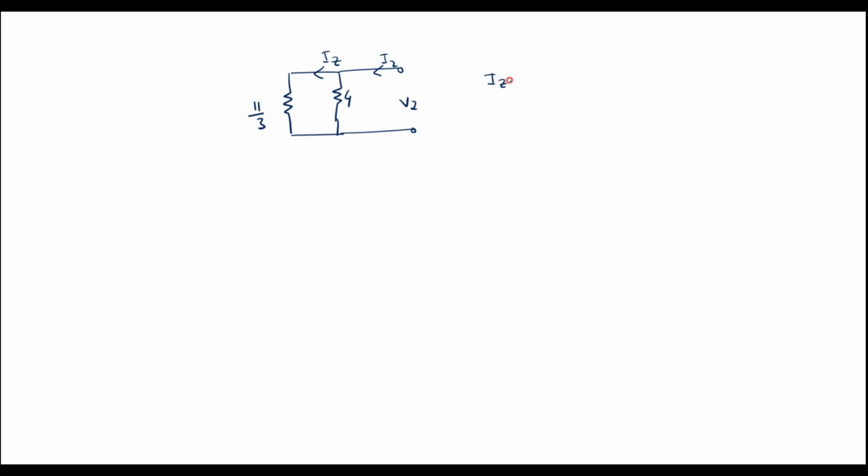Now I will apply current division rule. IZ is equal to total current I2 into opposite resistor 4, divided by sum of resistors, that is 11 by 3 plus 4.